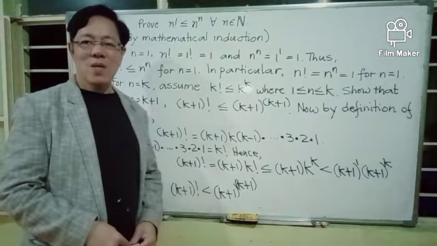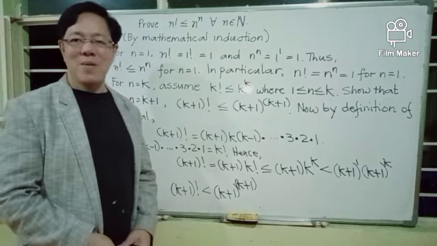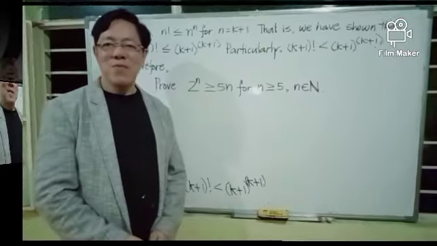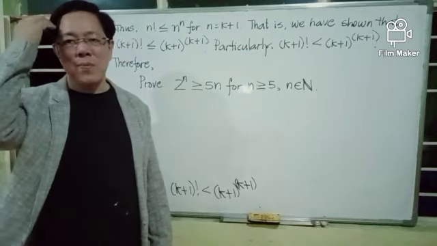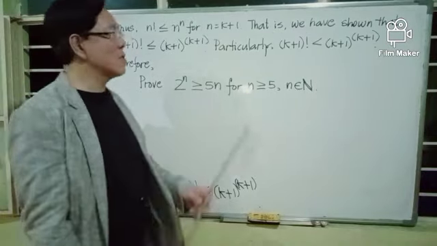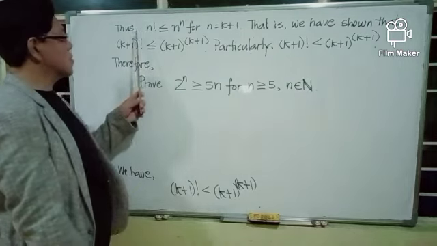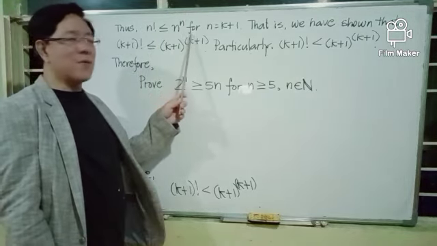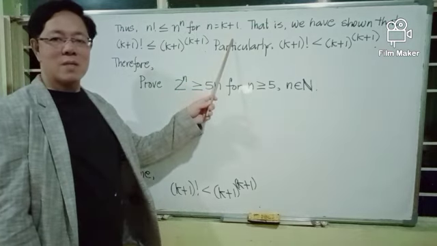Now we write our conclusion for the second part of the proof. Our conclusion for the second part of the proof by mathematical induction, we have shown that n factorial is less than or equal to n to the power n for n equals k plus 1.